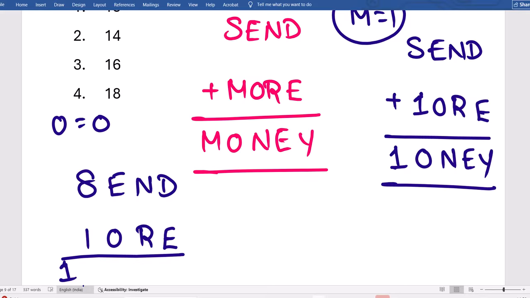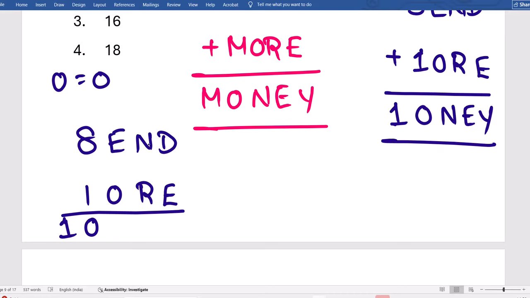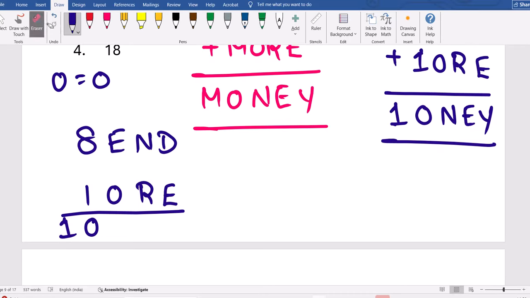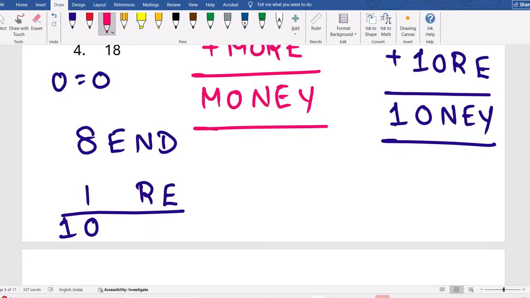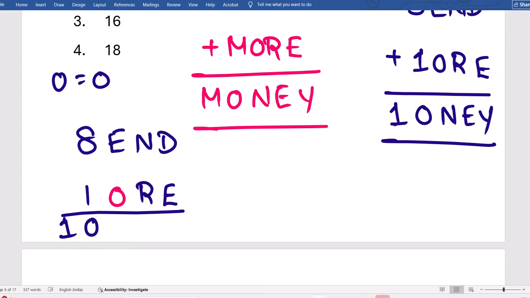O is 0 only. Here no letter confusion. 0 and O both matched, so no issues of overlap. This is the letter O only. The number is 0. Here it can be 9.